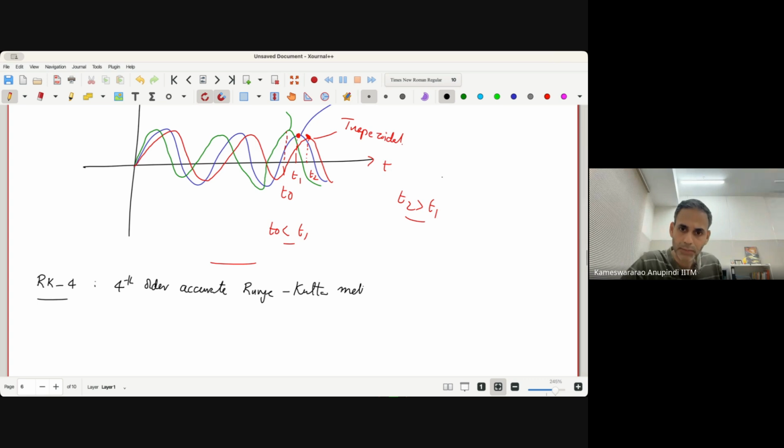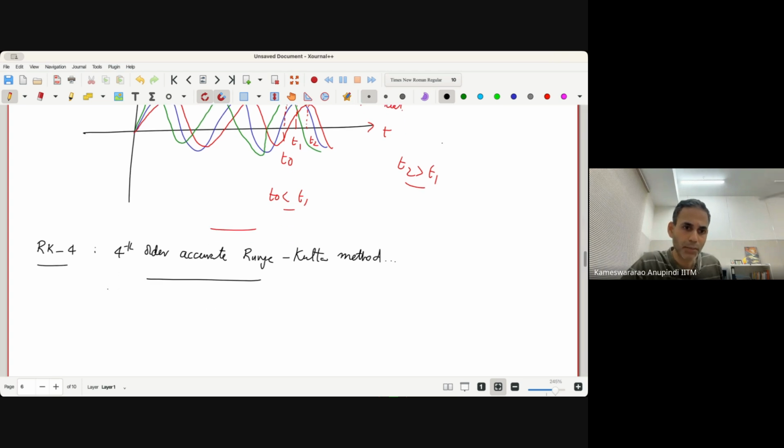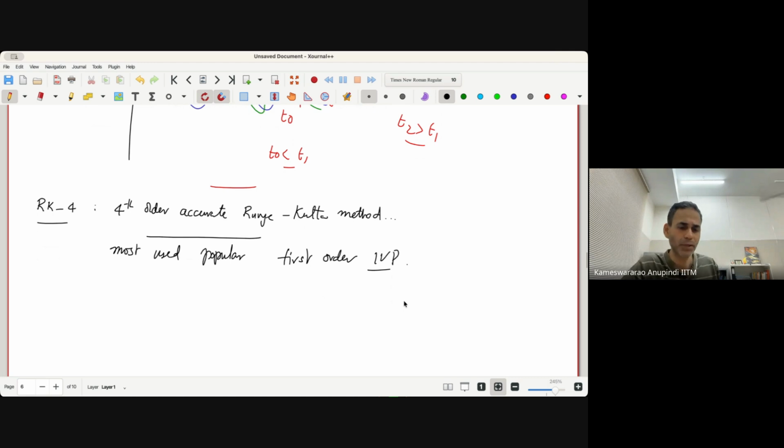The fourth order accurate Runge-Kutta method is the most popular method for solving first order initial value problems. So this is the most widely used method, the RK4 method. You must have used it in your work several times. It's going to be quick, but any questions so far?